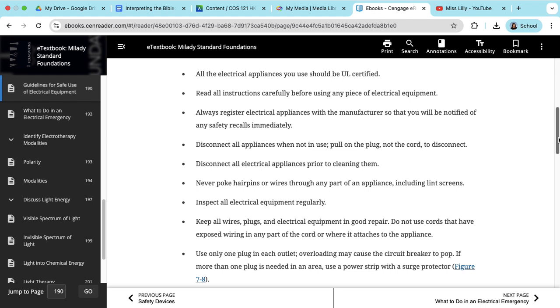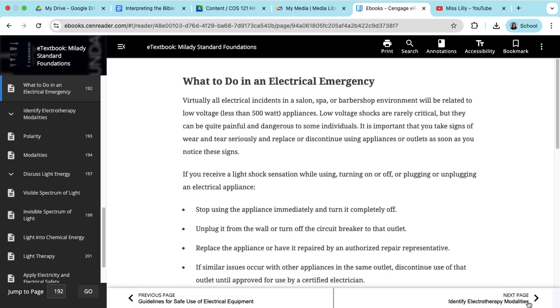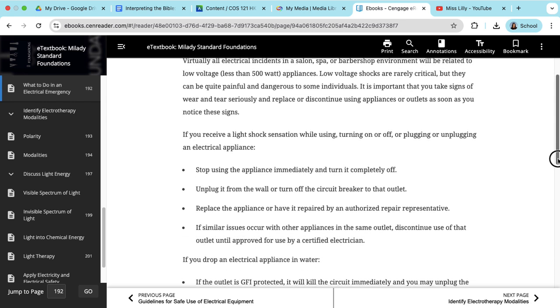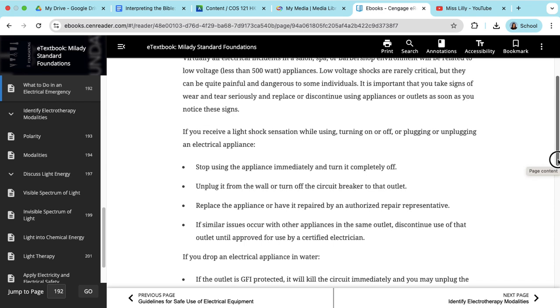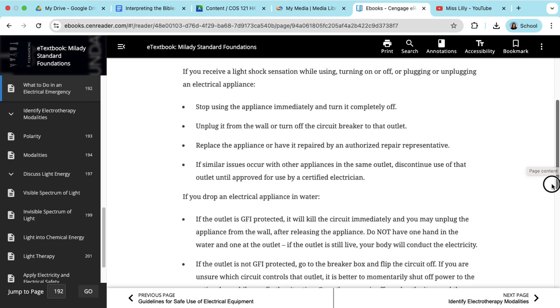We have to inspect them to see that they're not broken, and so on. What to do in an electrical emergency? We have to stop. We have to unplug if we're able to. We have to replace. We cannot keep using something that is broken.